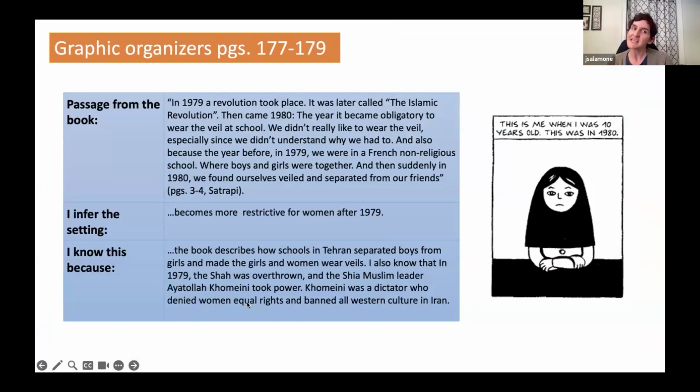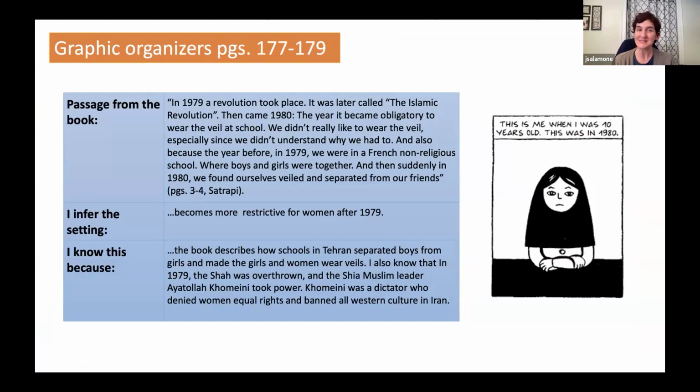Okay. And then here's another graphic organizer connecting to inferring with setting, right? This is from Persepolis, thinking about when the revolution took place, 1979, and then in 1980, things changed dramatically. The girls had to wear veils in school.